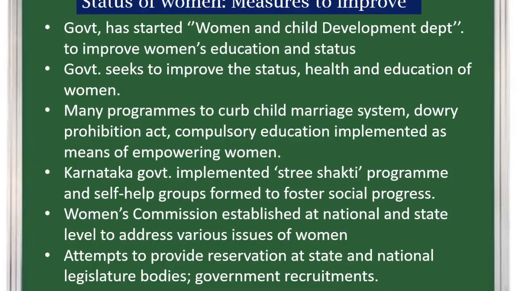But even with that, we still find that the status of women needs a lot of improvement. The status of women has remained very low due to certain social customs, poverty, and illiteracy. And all this has affected the overall progress of the country.